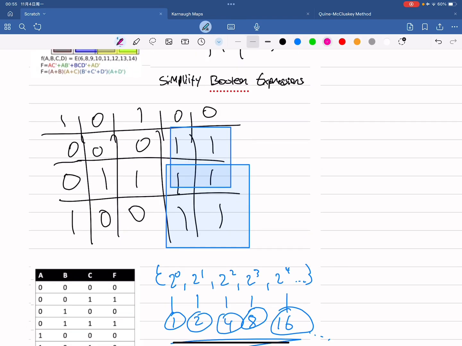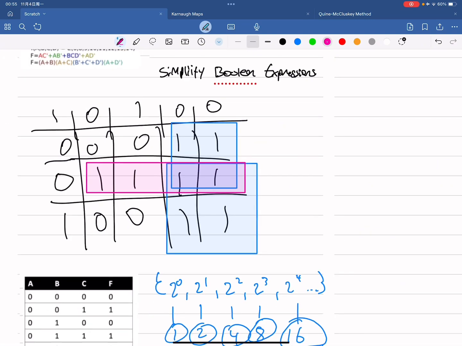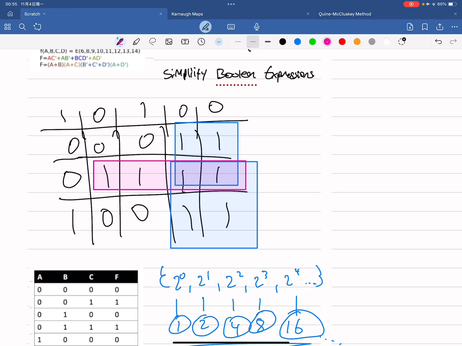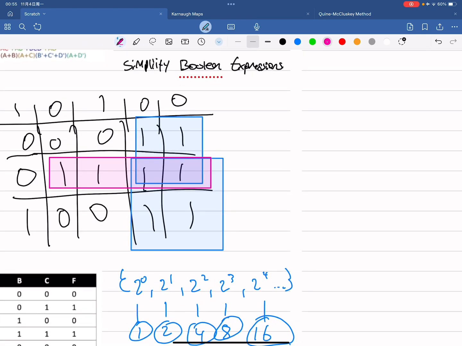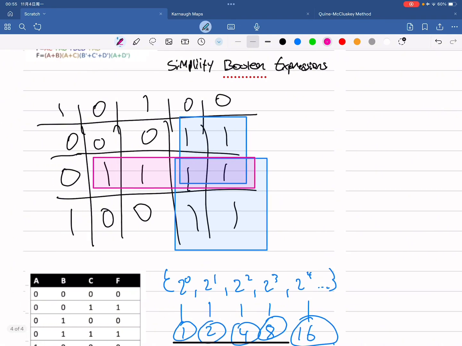Now we have another overlapping group, which you can do, is this one. It can go horizontal and it overlaps these 2 groups. This is also a size of 4, which is okay.